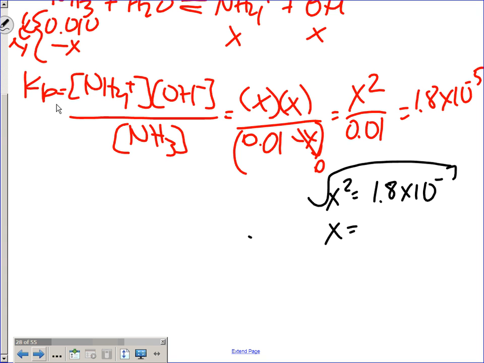I think you'll square this. Give me an approximate. Something. That's what I was hoping for. I was at 1.5. I wasn't quite sure.